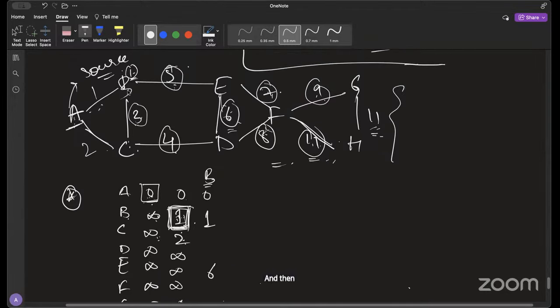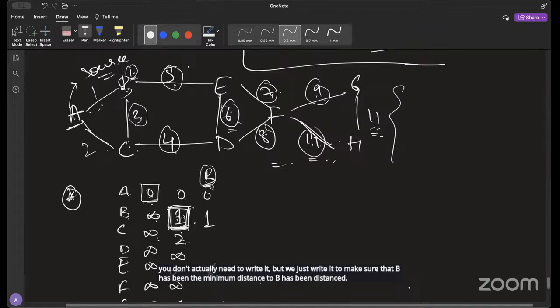Then you start with B because out of these two, this has the minimum. You write a B here. You don't actually need to write it, but we do it to make sure that the minimum distance to B has been discovered to be 1. That's why I'm marking all these things. You don't have to do that.